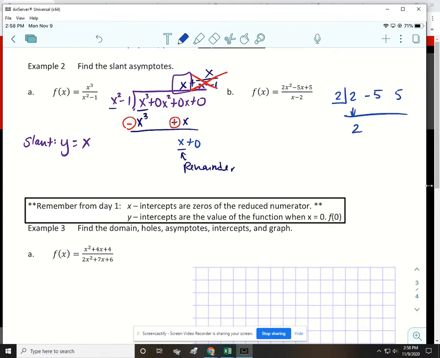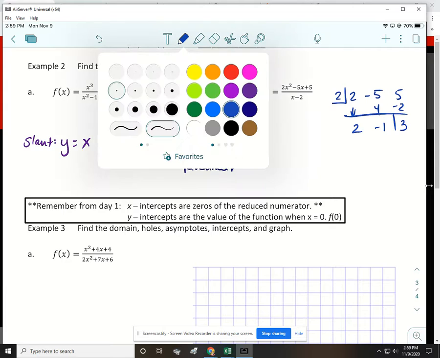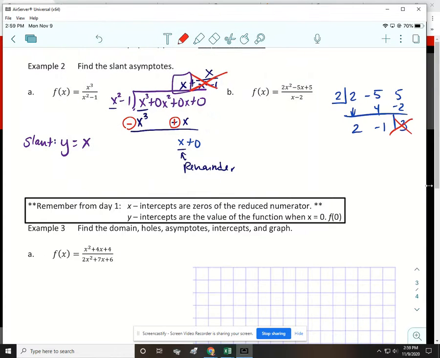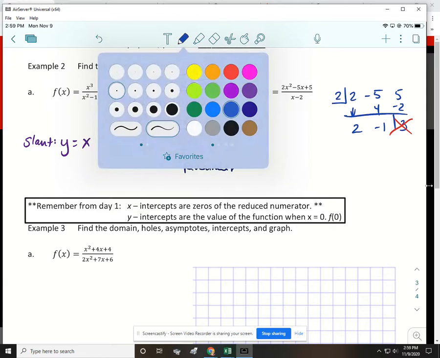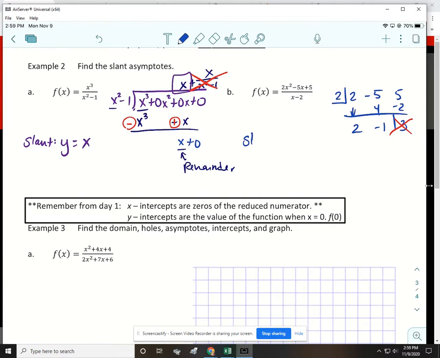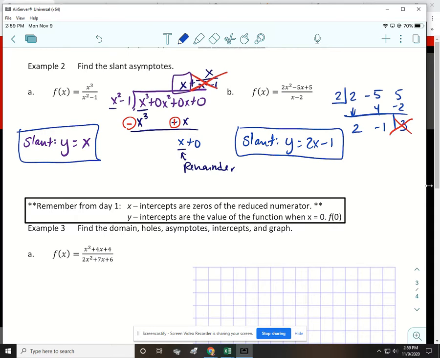Bring down that 2 and then multiply and add, multiply and add. Now don't forget that when we are finding slant asymptotes, we do not need the remainder, not at all. So this time, our slant asymptote is the line y equals 2x minus 1. Okay.